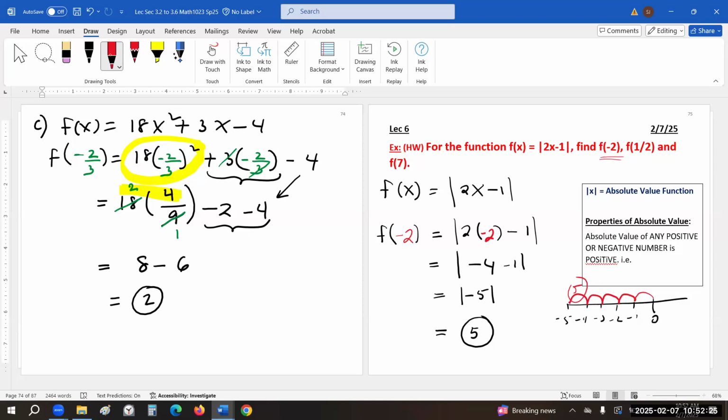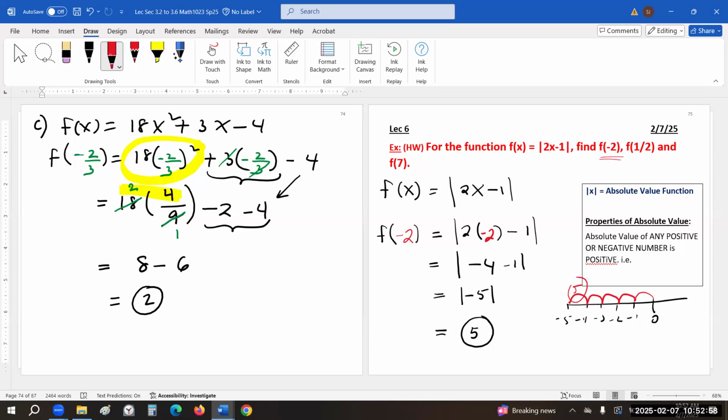Any question? So these lines, my pen is not working. Try the other two.